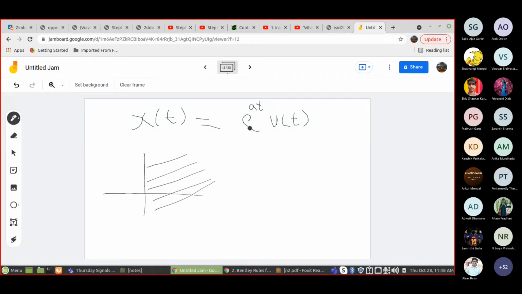Okay. So now if I apply the definition of Laplace transform, what I get is S minus A dt, and this integral is from 0 to infinity.